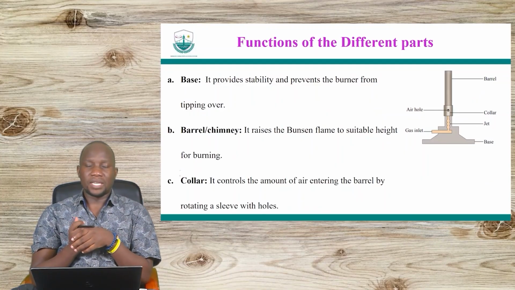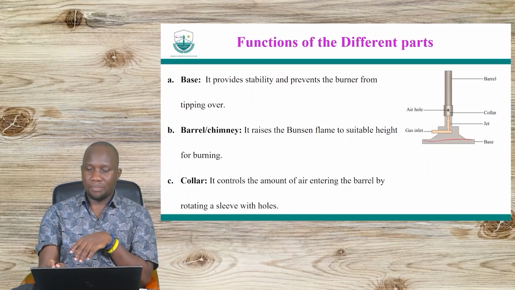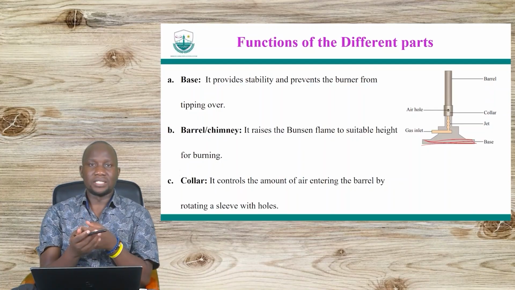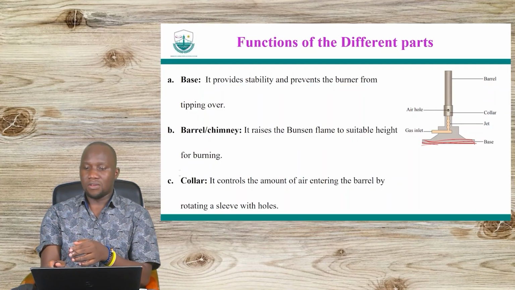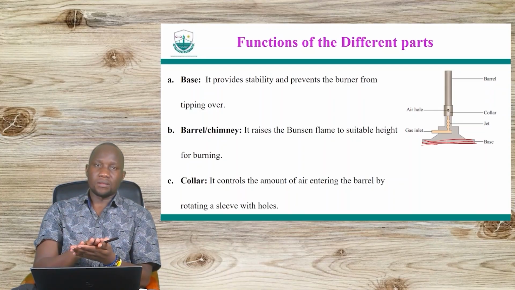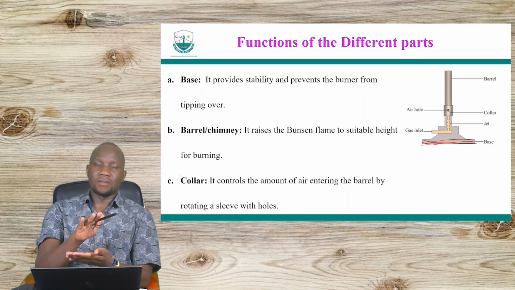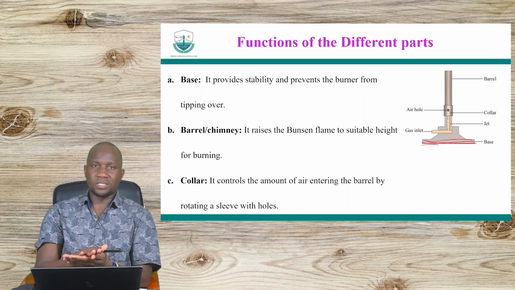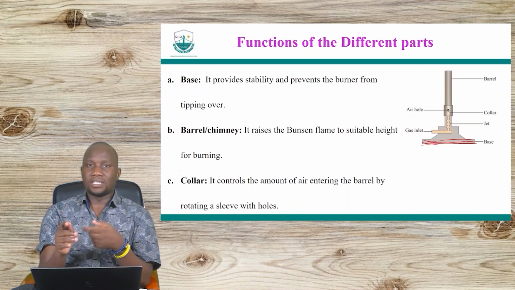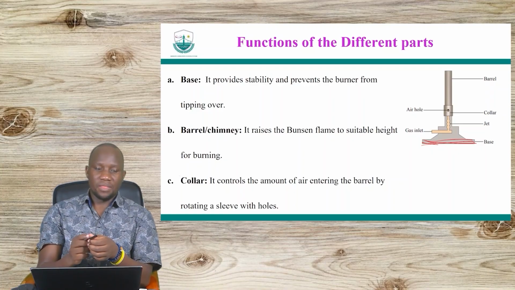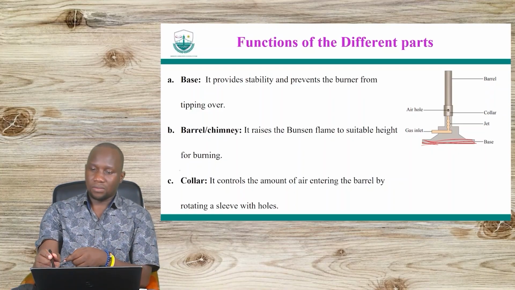So what are the parts of the Bunsen burner? This is the base. It provides stability. It can't trip over because of this wide base. The Bunsen burner can sit with stability on any flat surface, and that is because of the base. And then we have the barrel, which we can also call the chimney.